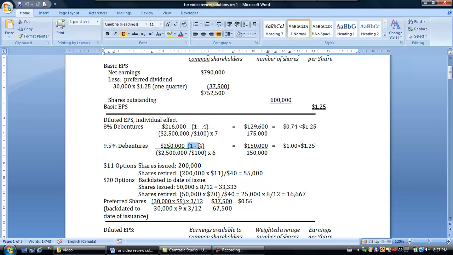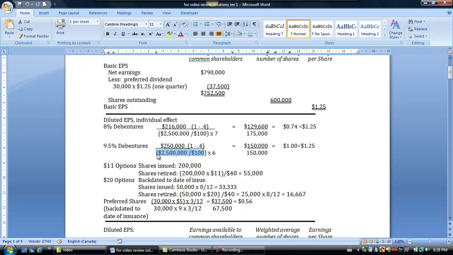And on an after-tax basis, that would have given us an extra $150,000 in income that would have been available to the common shareholders. Now, the denominator, again, we want to know how much our WACs would have increased by had we converted those convertible bonds into shares earlier in the year.